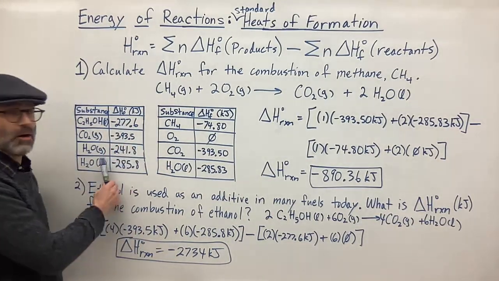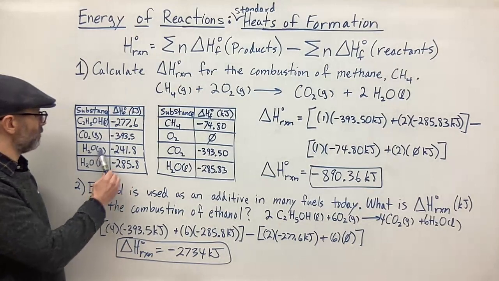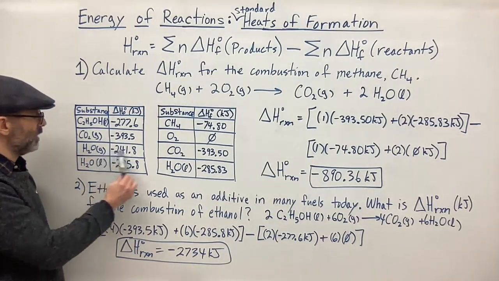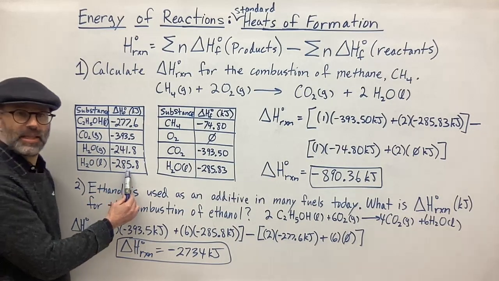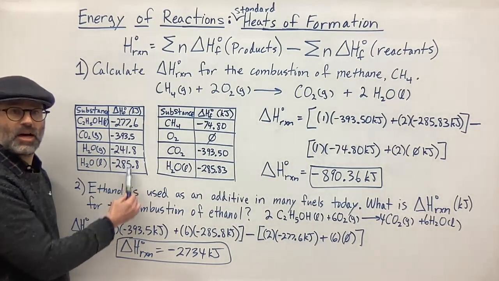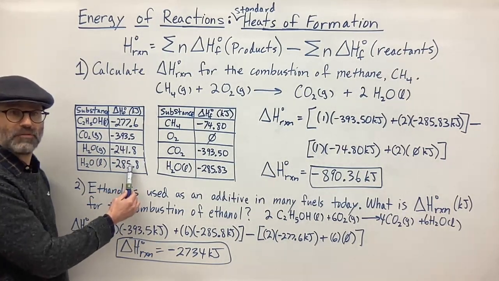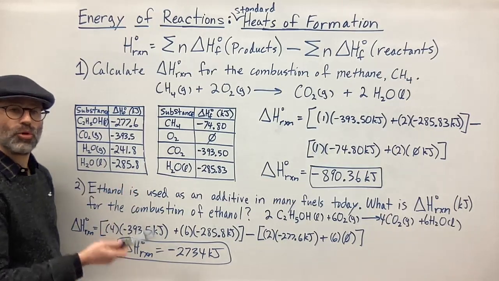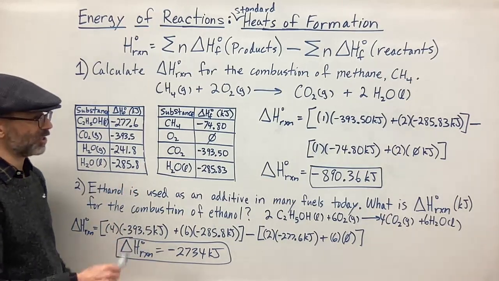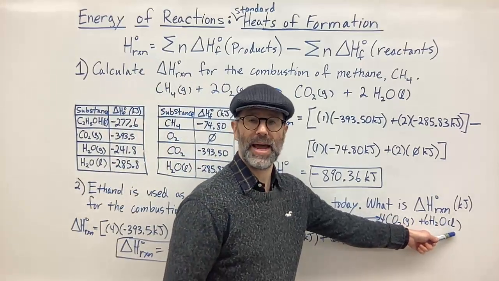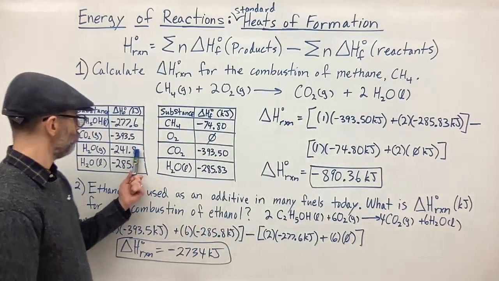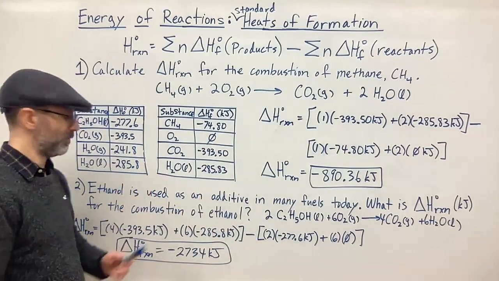I want to point out that in this table I have water gas and water liquid. Notice that there is a difference in the standard heat of formation for these two. So make sure you double check your reaction to see whether water is a liquid or a gas, and then use the right heat of formation.